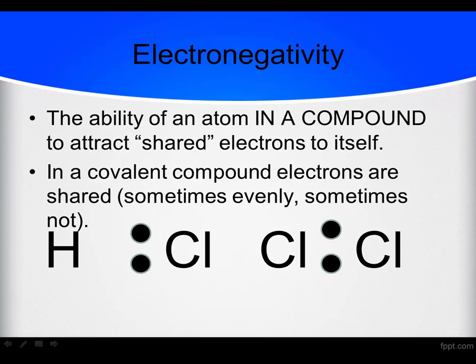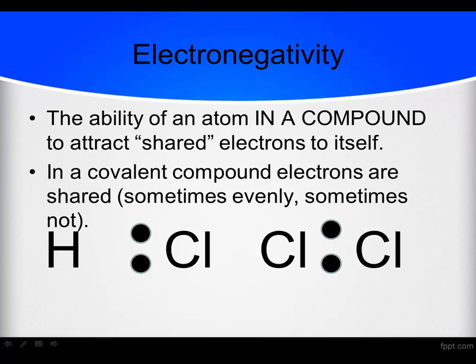It's stronger. So when the electrons are being shared between hydrogen and chlorine, they tend to spend more time with chlorine than they do with hydrogen. Like 60% of the time they're with chlorine and 40% of the time with hydrogen. I'm not sure on those percentages actually, but that's the basic idea: more of the time they wind up with chlorine and less with hydrogen.